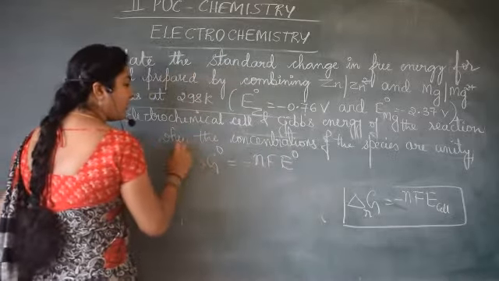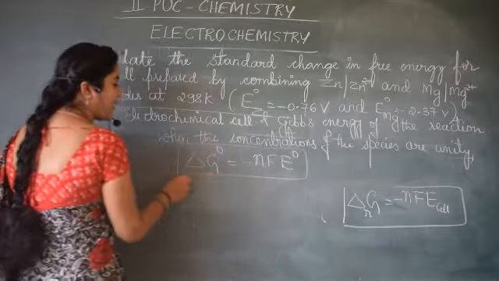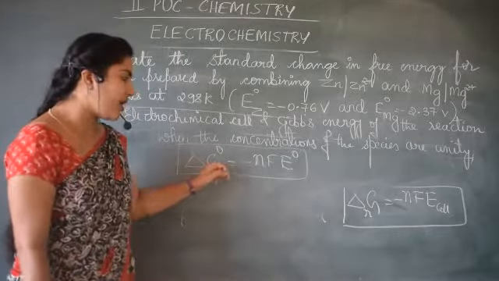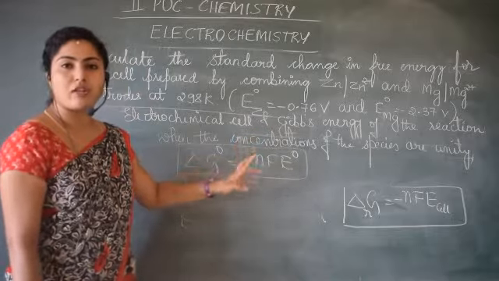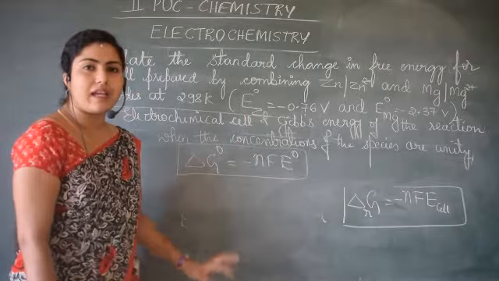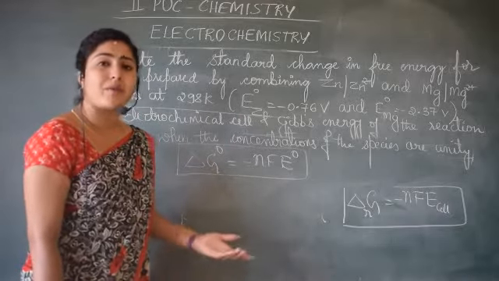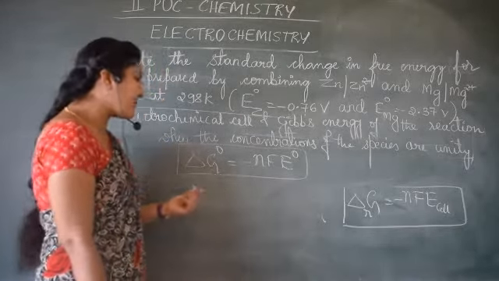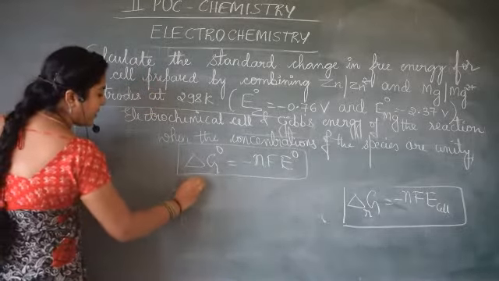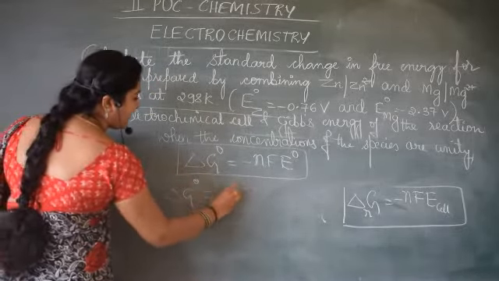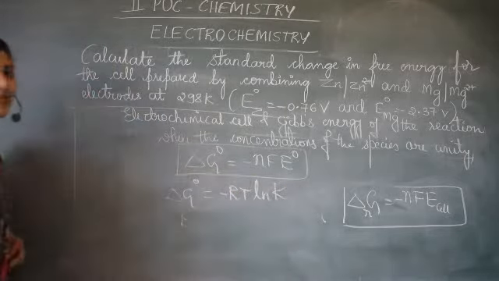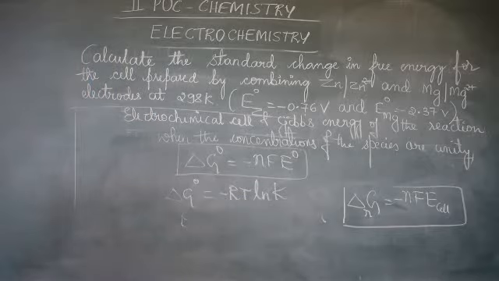So hope you know what is E naught. E naught is the standard electrode potential, delta G naught is the standard Gibbs free energy change, and nF, the product of n into F, is the amount of charge passed here. Based on the equilibrium constant, there is one more expression, where we can write delta G naught is equal to minus RT ln K, where K is the equilibrium constant.